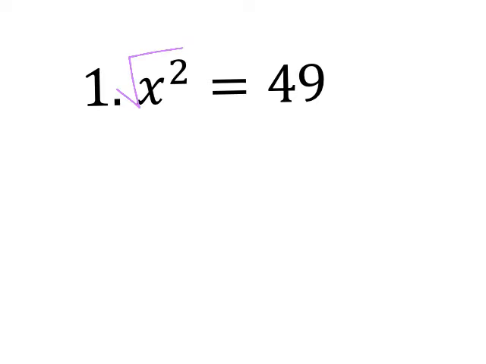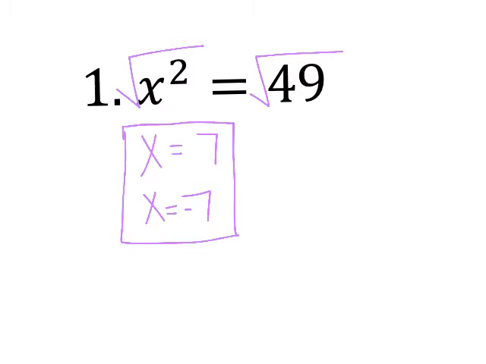So I'm going to take the square root of x squared, so I just get x, but what I do to one side of the equation I must do to the other, so I'm also going to take the square root of 49. So x is going to equal positive 7, and x is going to equal minus 7, because we learned up above that when you take the square root, you get two real solutions, one the plus version and one the minus version.